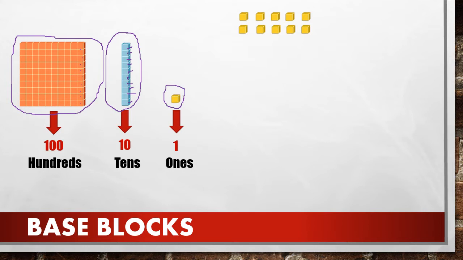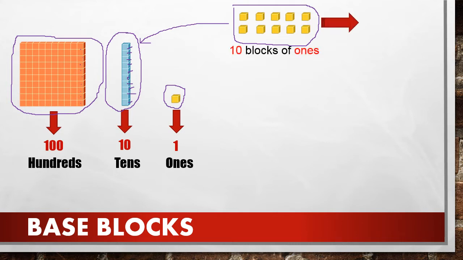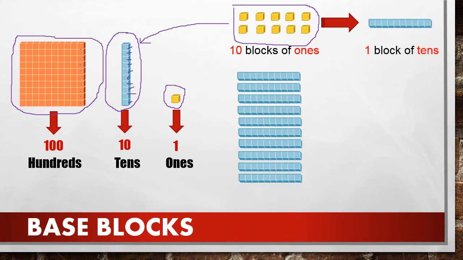Alright, let's look at the relationship between all these blocks. If we have 10 yellow blocks, which is ones, if we have 10 ones, then it will become the blocks of 10. 10 blocks of ones equals to 1 block of tens.